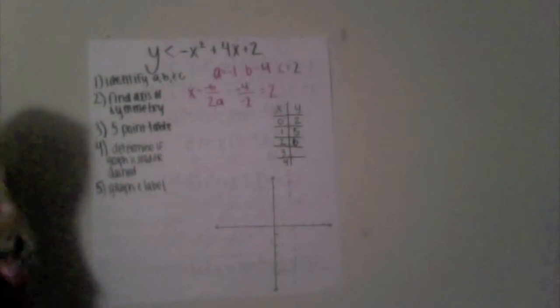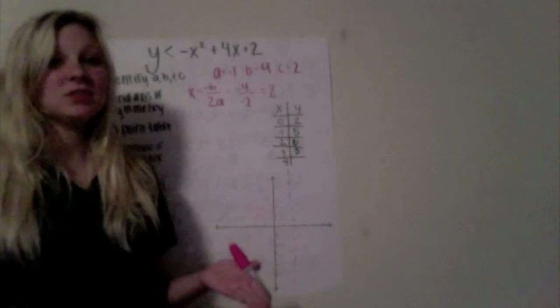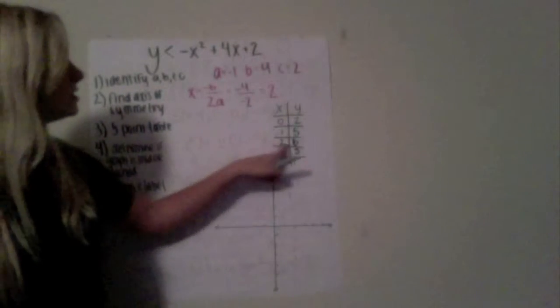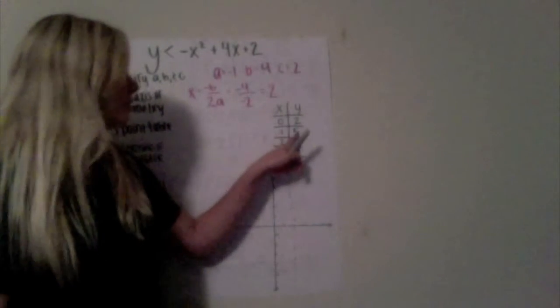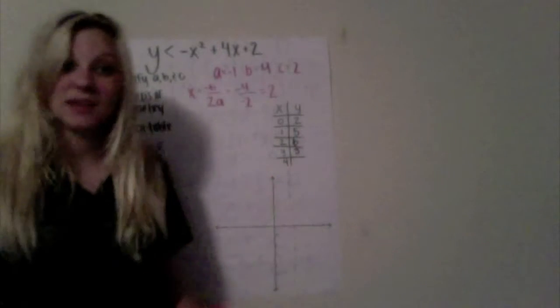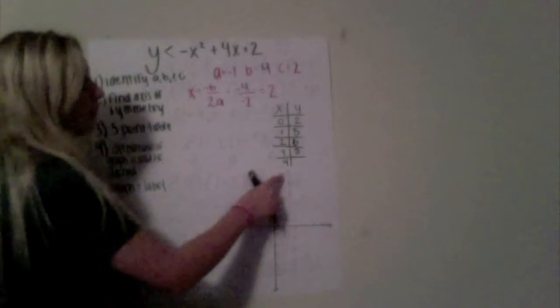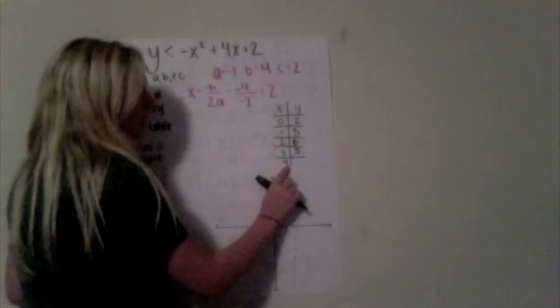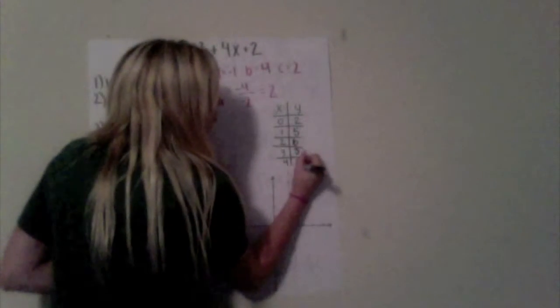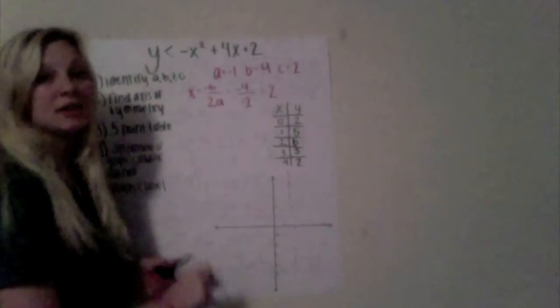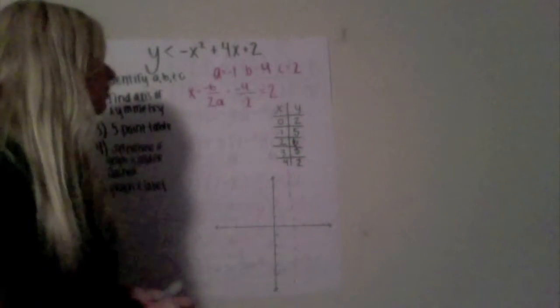Now when x is 3, we have -9 plus 12 plus 2, which is 5. And we know this is right because the reflection over the axis of symmetry is at 1, 5, so 3, 5 makes sense. That means without even plugging it in, we know that when x is 4, y is equal to 2 because of the reflection over the axis that says 0, 2 is a point.